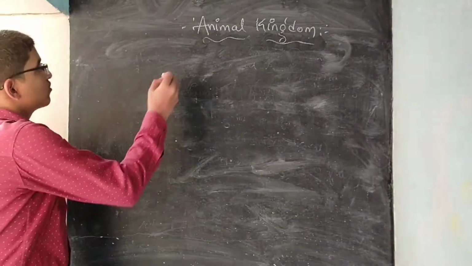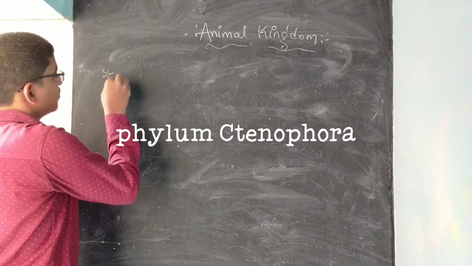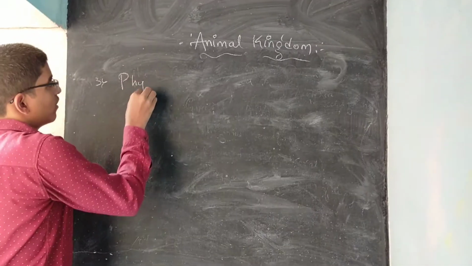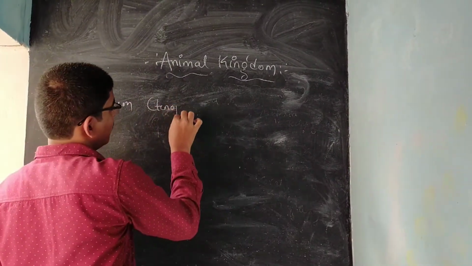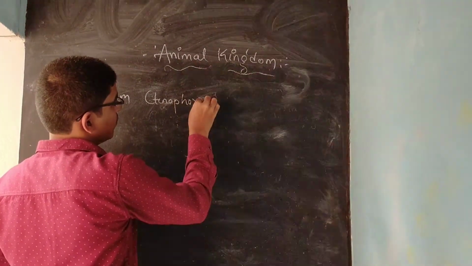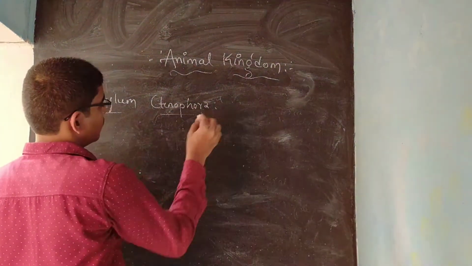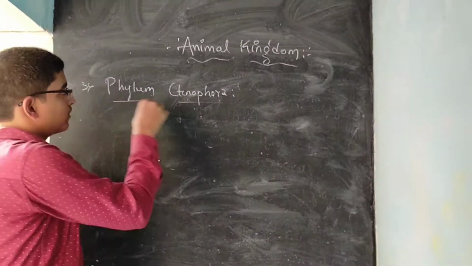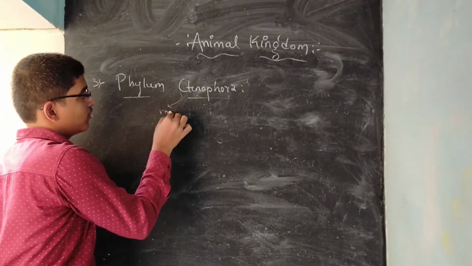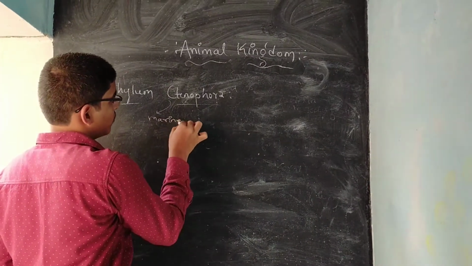Okay. So now we will study the third phylum in NCERT. It is phylum Ctenophora. Here C will be silent. So this phylum Ctenophora, in general, these are again marine.